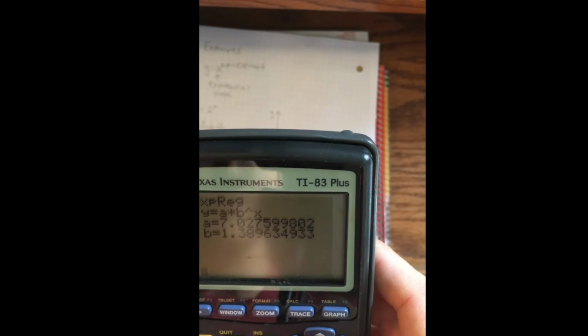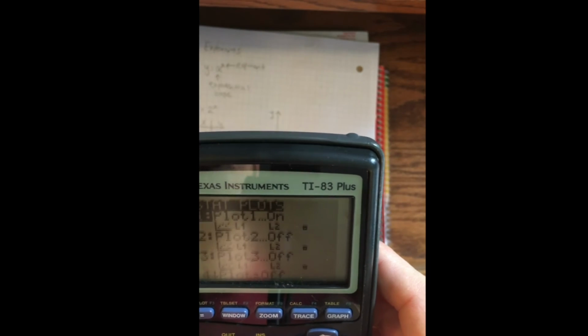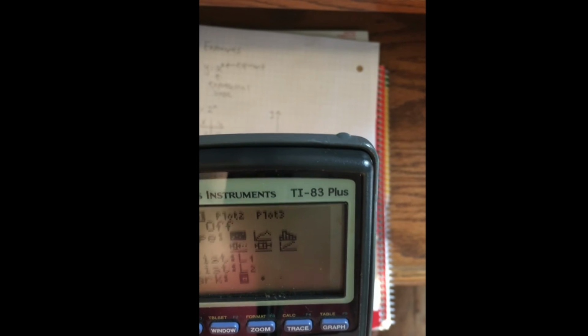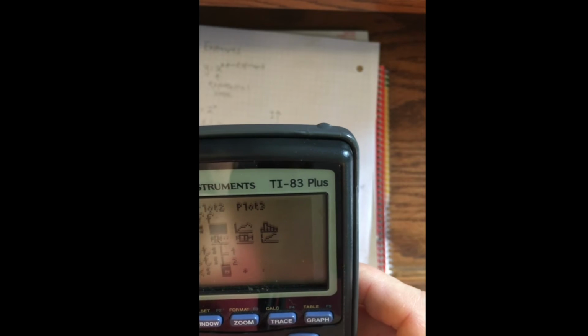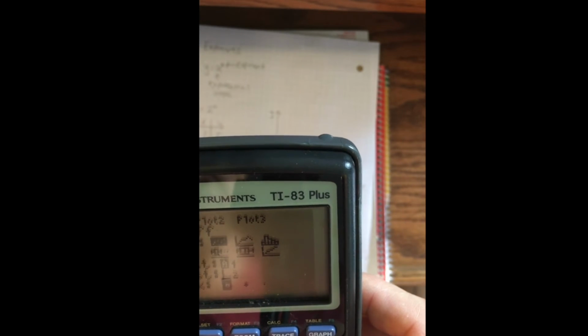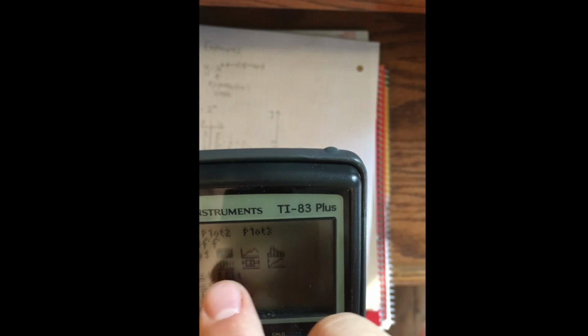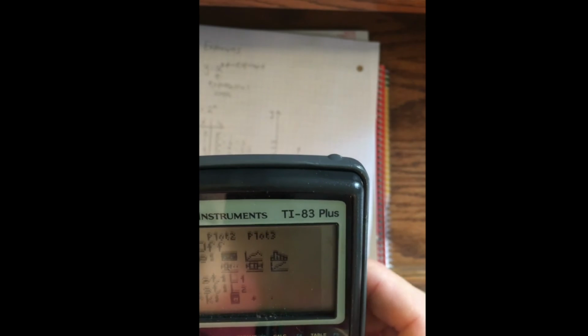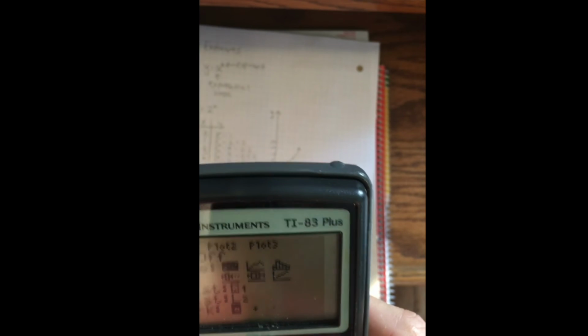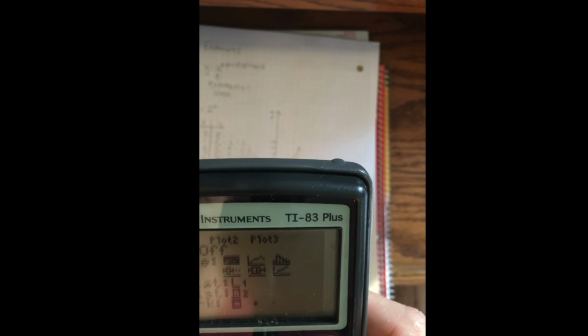So we go to second, stat plot. We turn on plot 1. We can do the type as just the first one here, which is just going to be a scatter plot. And then we have X list, Y list, which are L1 and L2, the ones that we put data in.